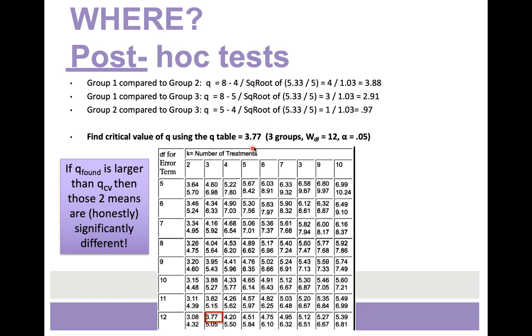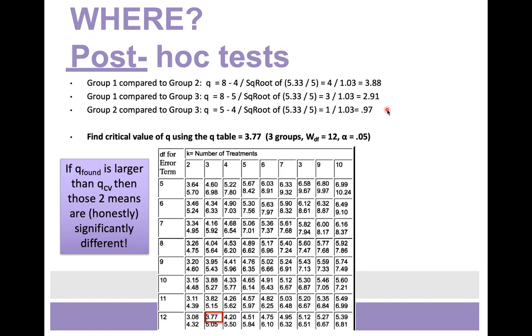We're going to take 3.77 and we're going to compare it to each of our Q values. And the same logic applies. If our Q is greater than the critical value, then we reject the null and that difference is significant.